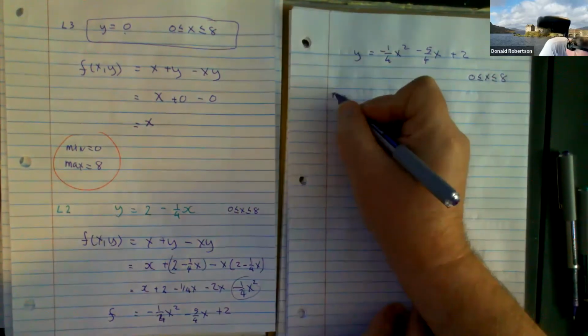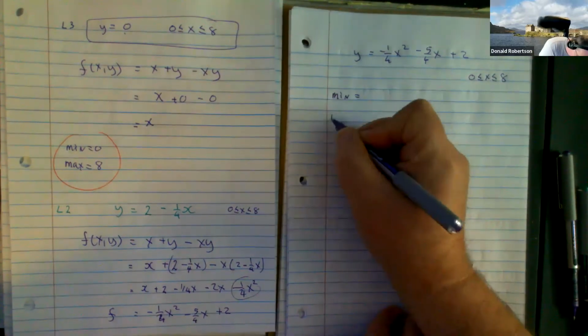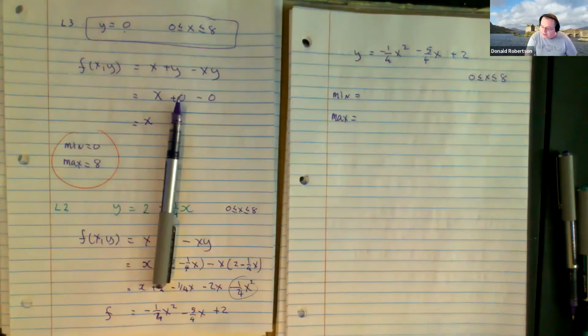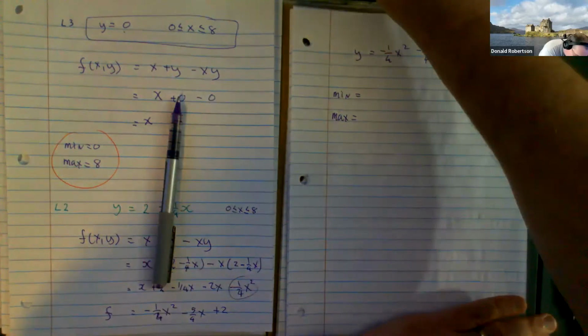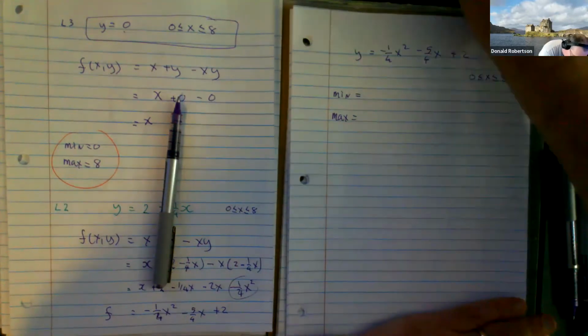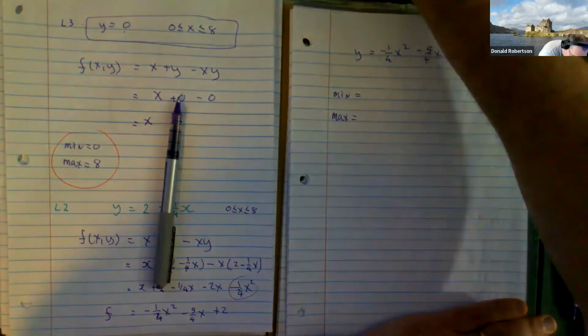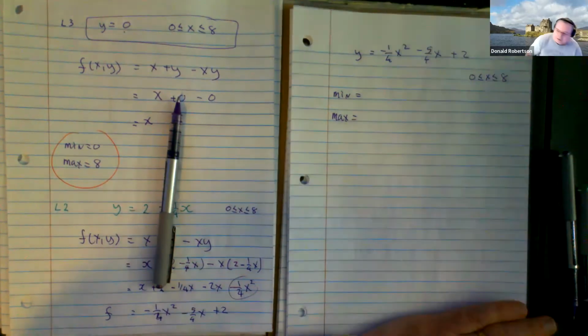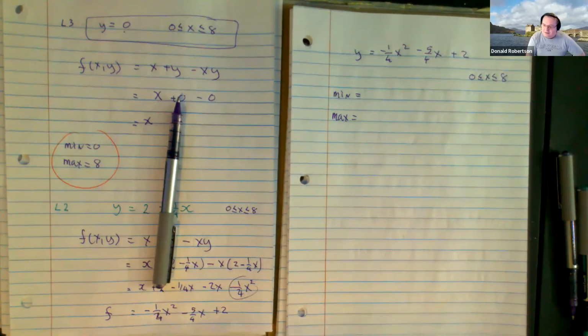I would like to know what the minimum value of that is and what the maximum value of that is. Agreed? I could certainly do it by algebra, but there's a quicker way. Any ideas how I could get that answer by using some technology?